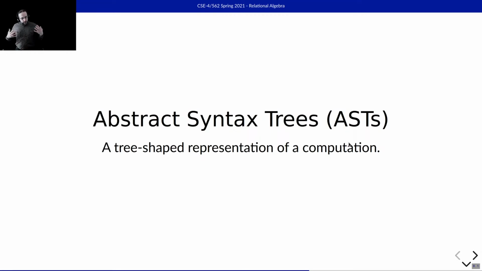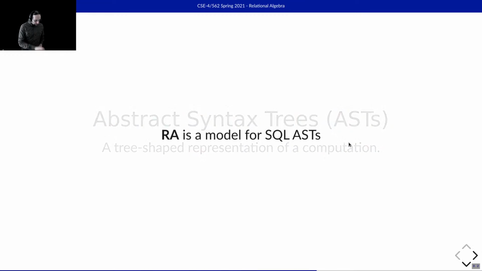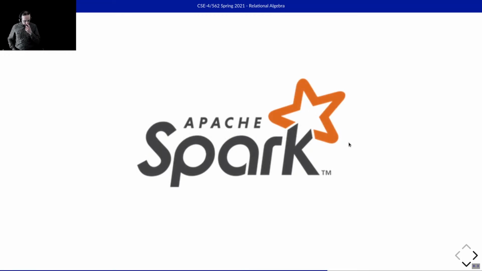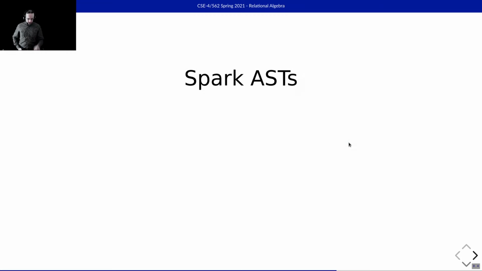Okay, so abstract syntax trees. And like I said, relational algebra is essentially a way of representing SQL queries, one abstract syntax tree encoding of queries. And what I want to talk to you about right now is how Spark specifically uses abstract syntax trees.